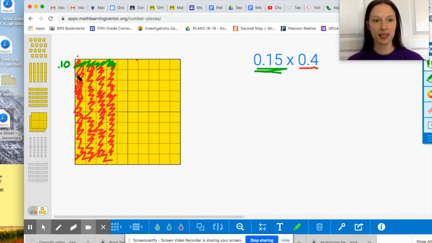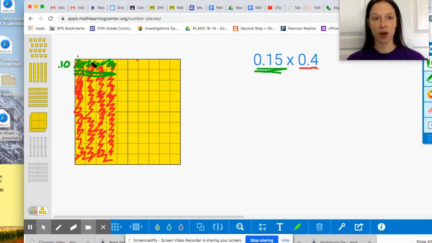So what I'm going to be thinking about here is shading in half of the next 10th to make 15 hundredths. Okay, so I know that doesn't necessarily look like I really shaded that in, but just stick with me. So let's think about how much is shaded in if I put corn on 15 hundredths of 4/10.